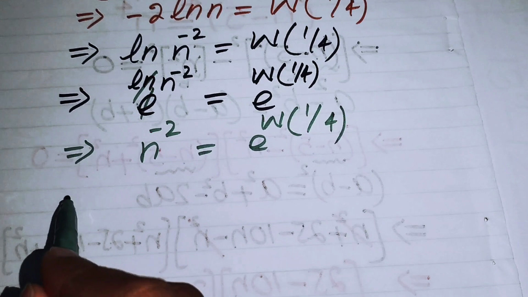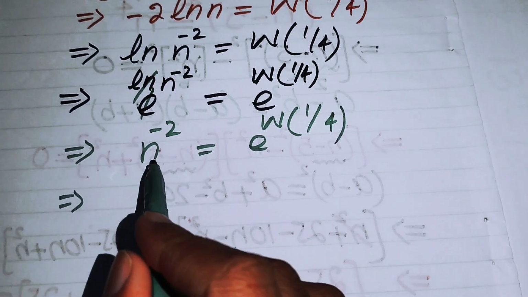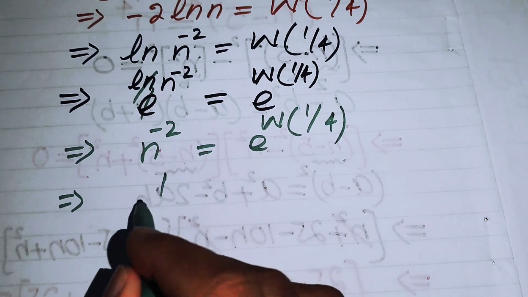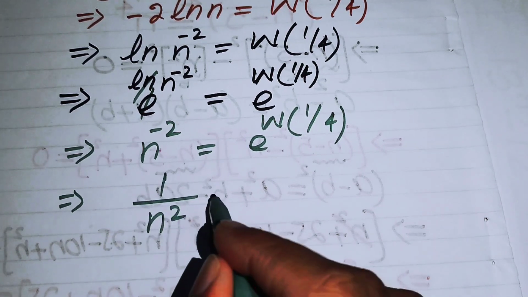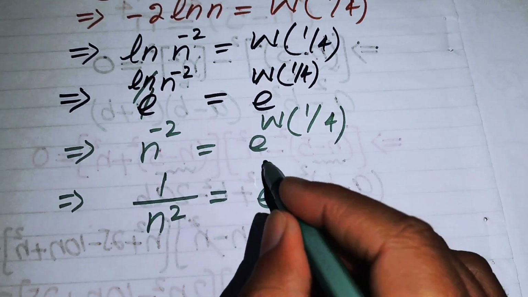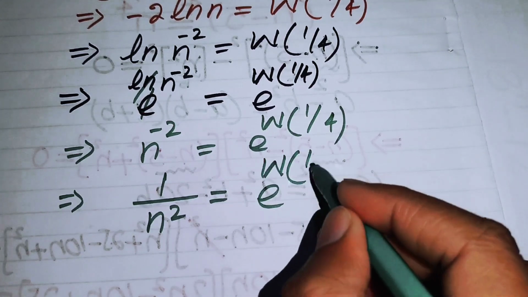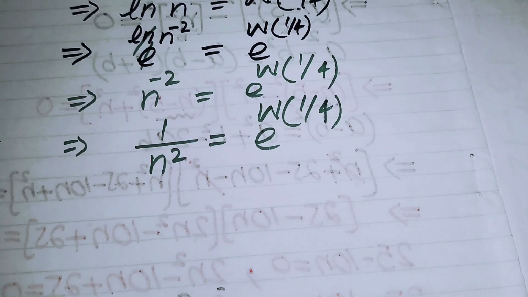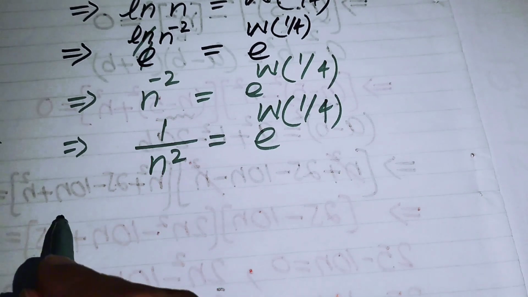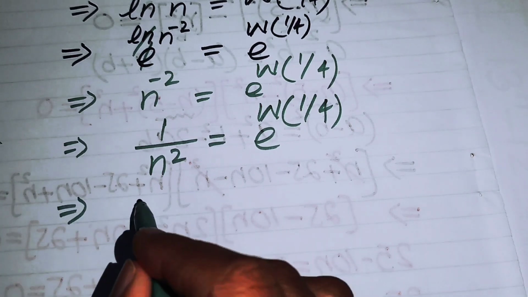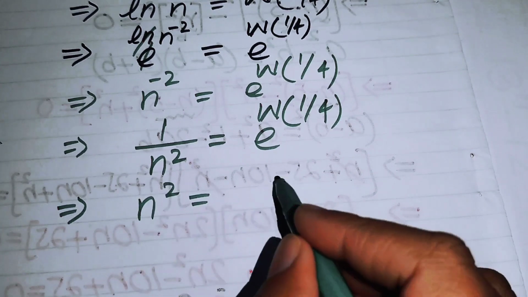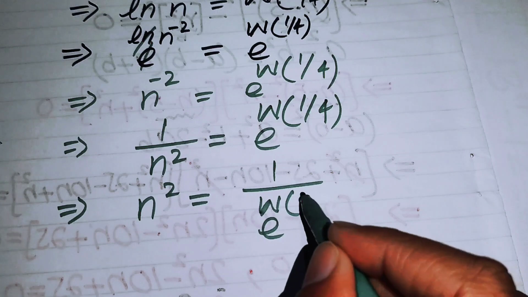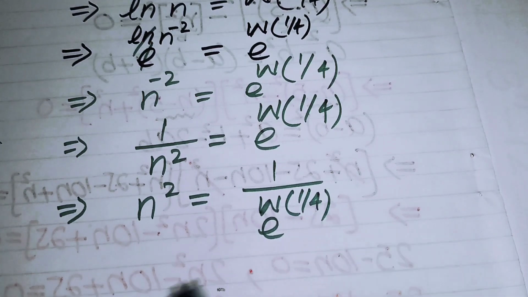So here we move this n to the power of minus 2 to the downside, and you write it as 1 over n squared equals e to the power of W of 1 over 4. So now first I can take the reciprocal on both of the sides, or we flip both of the sides, then you get here n squared equals 1 over e to the power of W of 1 over 4.